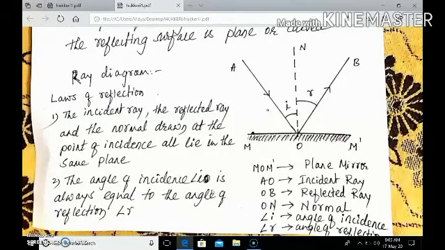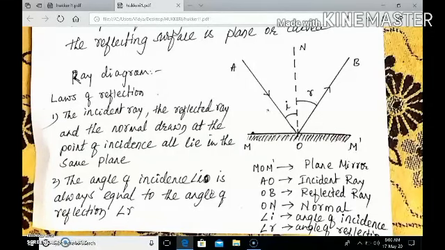The first law of reflection is the incident ray AO, the reflected ray OB, and the normal drawn ON at the point of incidence O all lie in the same plane.